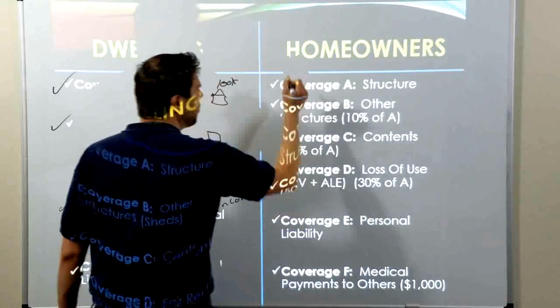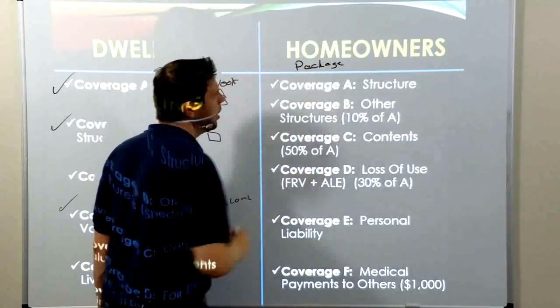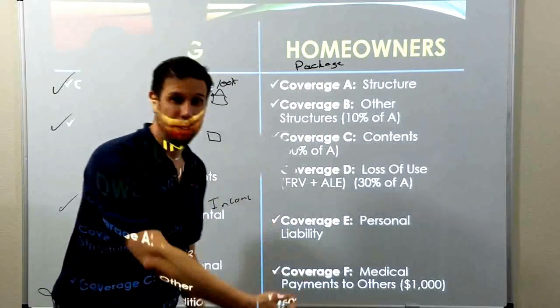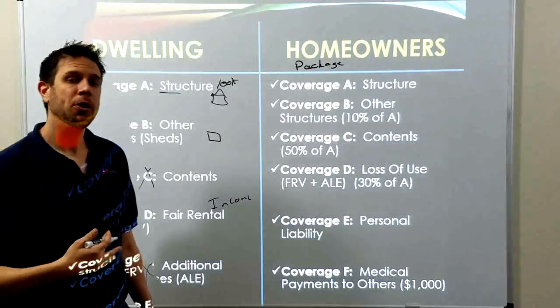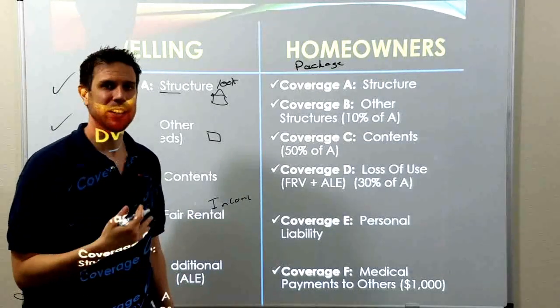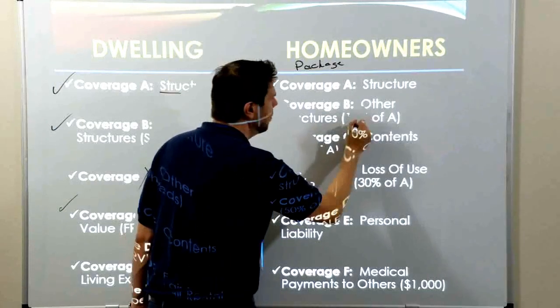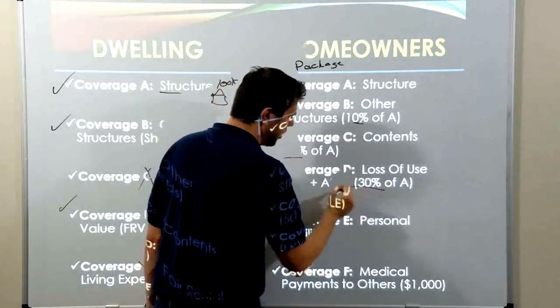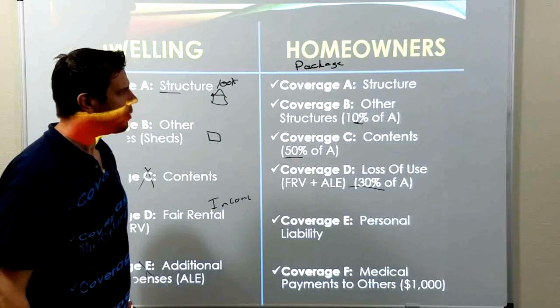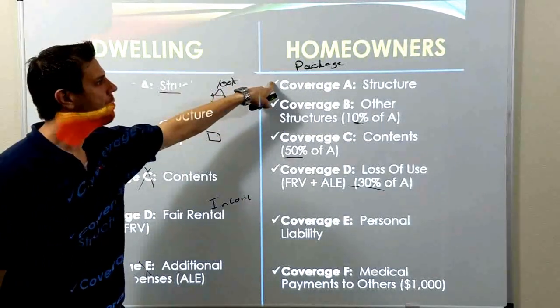However, since homeowners policies are package policies, you don't get to opt out. Homeowners policies, you have to buy all the coverage letters that are included. Homeowners has minimum numbers for the coverage letters. They're percentages of the structure.